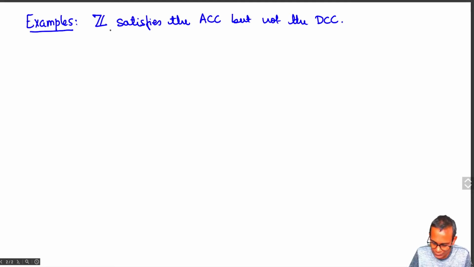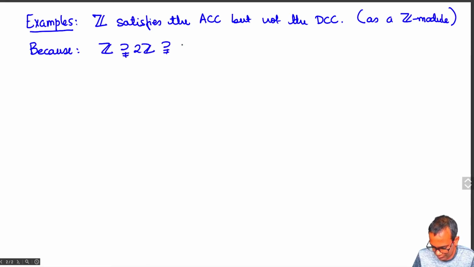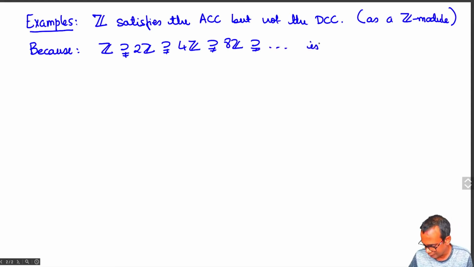So here we think of Z as a Z module, or this is the same as looking at abelian groups. So here's a descending chain. You just take Z strictly contains 2Z, which strictly contains 4Z, which strictly contains 8Z, and so on. This is a descending chain which never stabilizes.